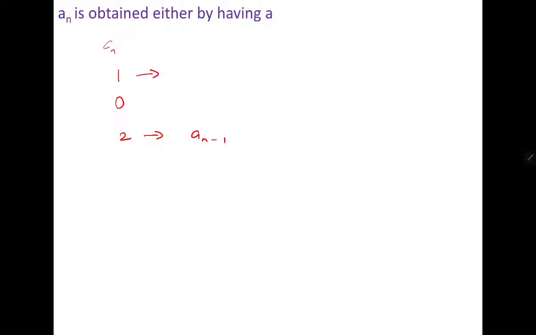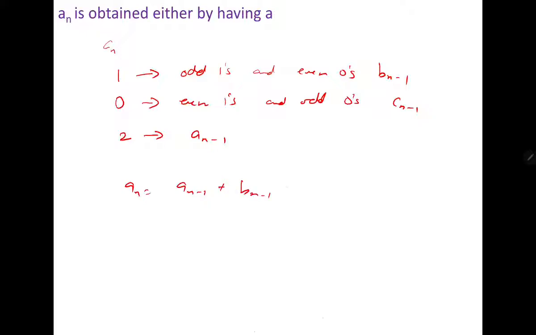When it starts with 1, then you need odd ones and even zeros, which I took as b(n-1). When it starts with 0, I need even ones and odd zeros. This is c(n-1). Therefore a_n is a(n-1) plus b(n-1) plus c(n-1). Now I cannot solve this recurrence relation because b_n and c_n are unknown. So I need the recurrence relation for b_n and c_n as well, which would be obtained in the same way.